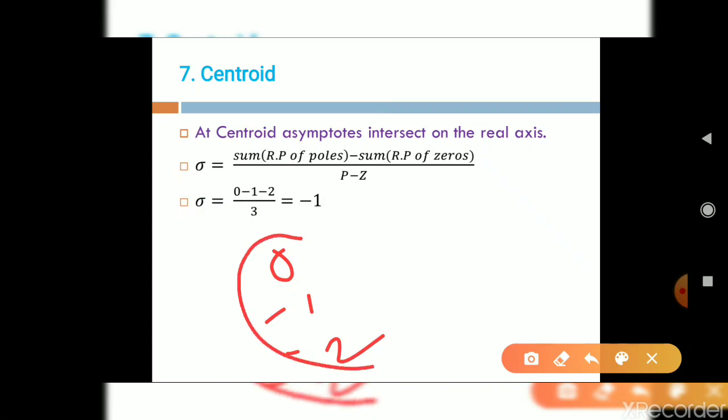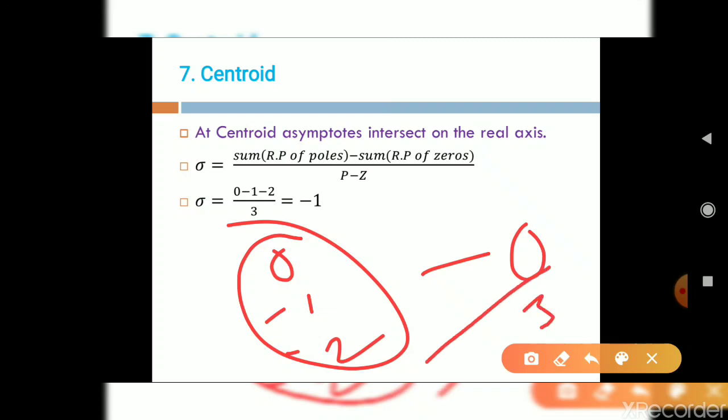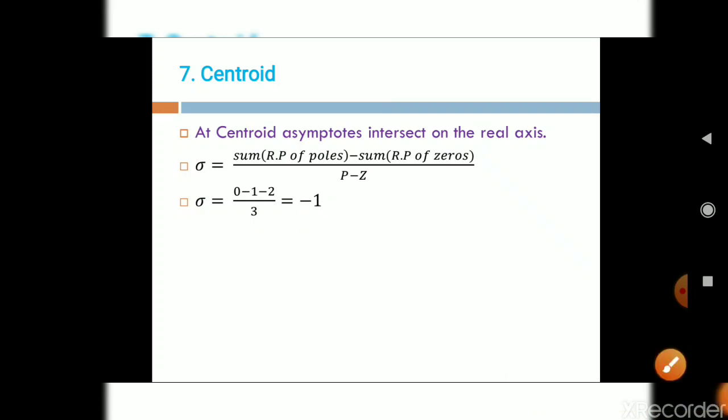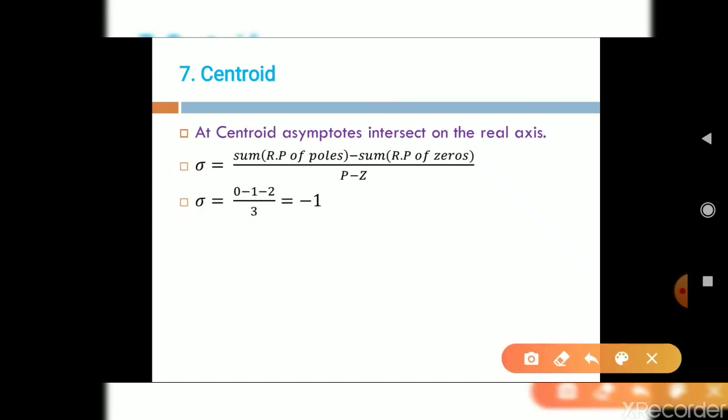The sum of these minus the sum of zeros, which are 0, divided by p - z, which is 3. The final obtained value is -3/3, which is -1. So the centroid for this given problem is at -1 on the real axis.